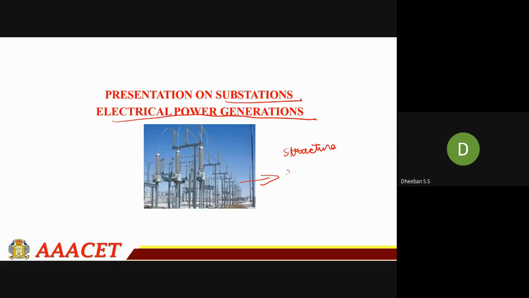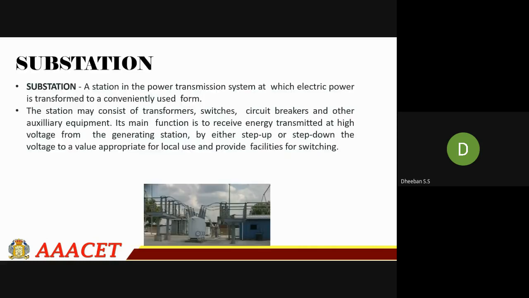That is, the voltage gets stepped up or stepped down mainly in your substation. Generally this can be of primary transmission substation, primary secondary transmission substation, primary distribution substation, followed by a secondary distribution substation.